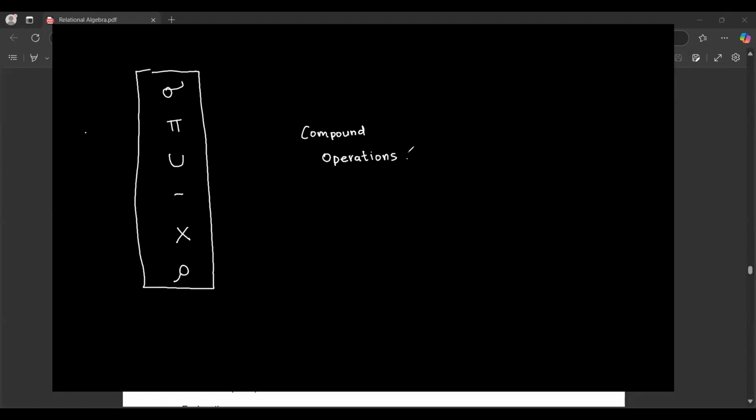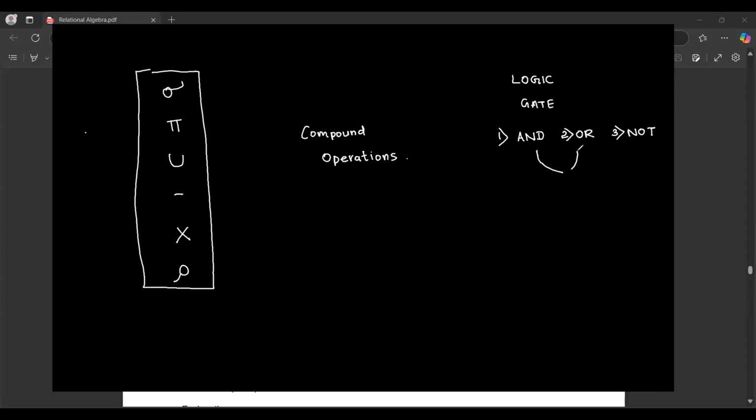The special part about compound operations is this: when you were studying logic gates, we had basic logic gates, for example AND, OR, and NOT.